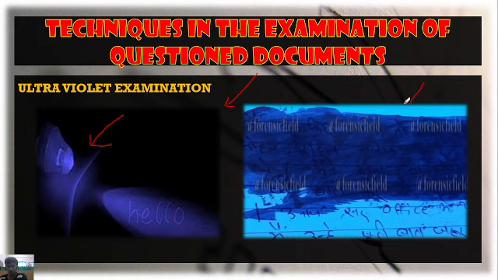You can see here, it is actually an obliterated writing, pero with the use of ultraviolet examination, you were able to see what was behind the obliterations, yung tinakpan na sulat. Okay, so these are only some uses of ultraviolet examination.